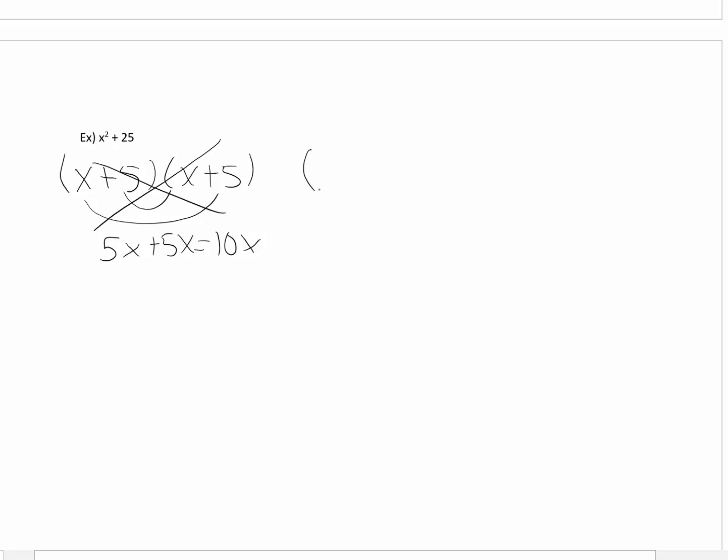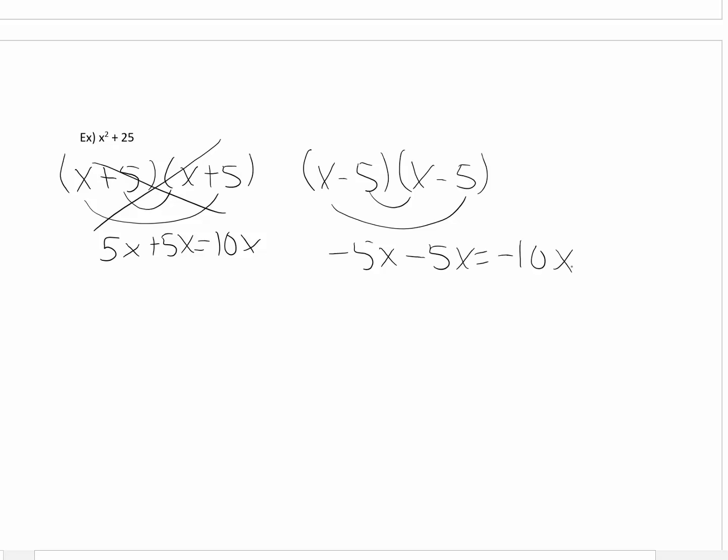Now, somebody always tells me, well, Professor King, negative 5 times a negative 5 is 25 also. Well, again, let's check by foiling. Problem is here, we have negative 10x, and we don't have that in the original problem. So I know I can't factor it as x minus 5 times x minus 5. Then somebody will tell me, how about x minus 5 times x plus 5?